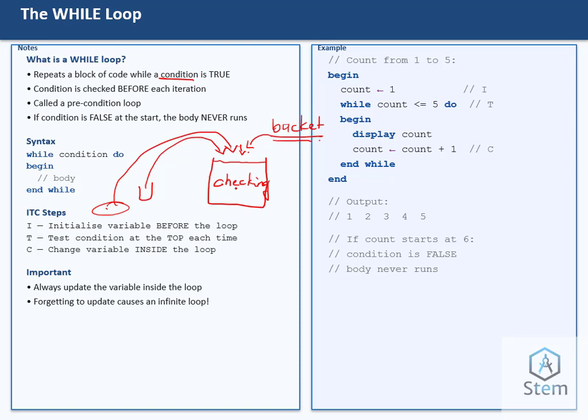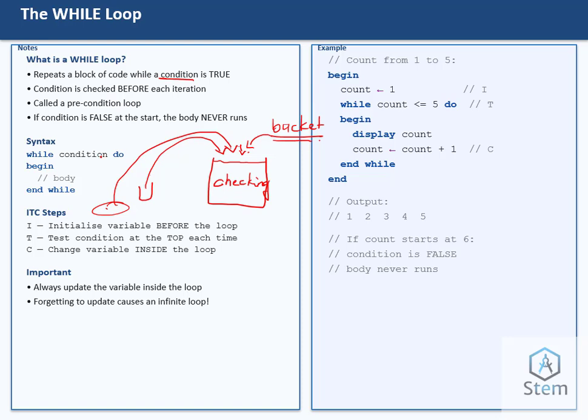This is a very good example of when to use a while loop. You check first, then you pour the water. You don't know how many times you are going to be pouring the water, but there is a condition that tells you to stop. When the bucket fills up, you stop. That is the condition.